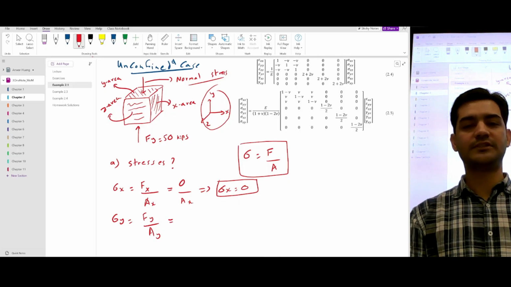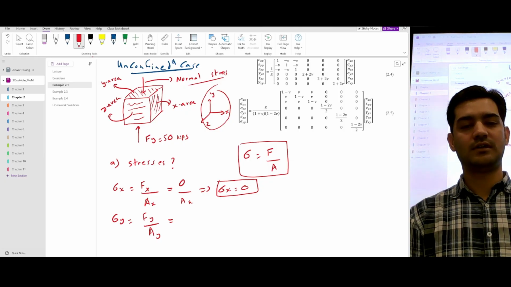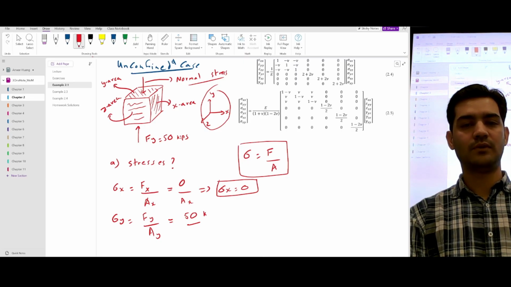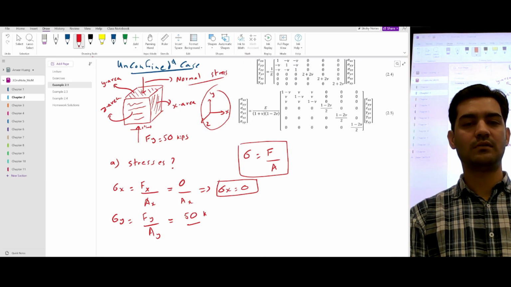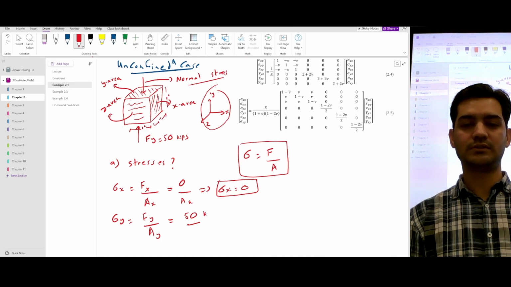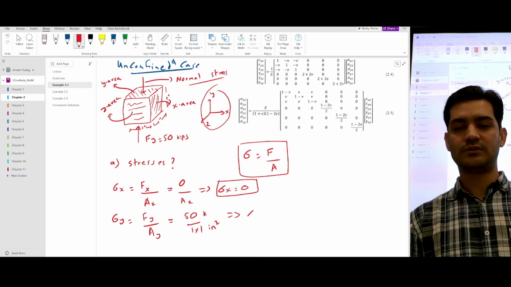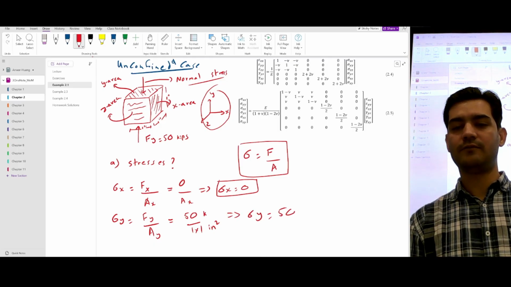So what is the force which is acting on the y-axis? It's 50 kips, and the area is, we know the dimension is 1 inch. This is also 1 inch. This is also 1 inch. So the area is 1 multiplied by 1, 1 inch square. So the stress y is 50 kips per square inch.